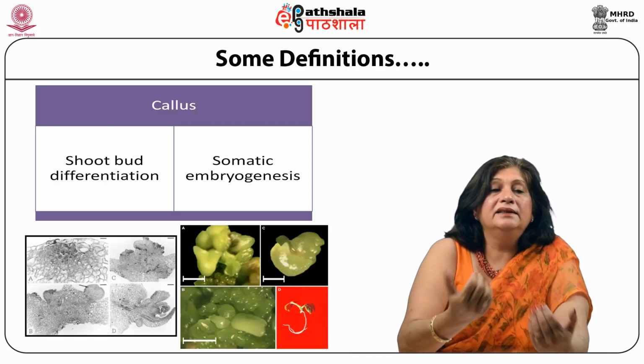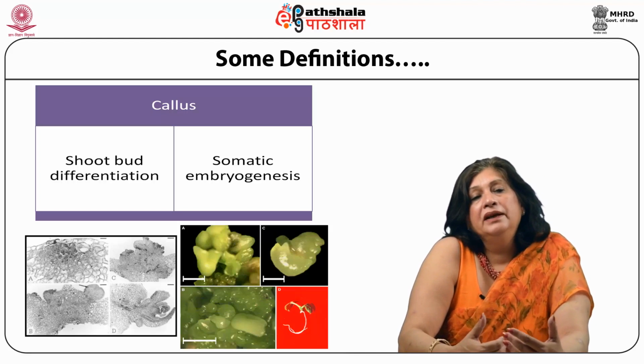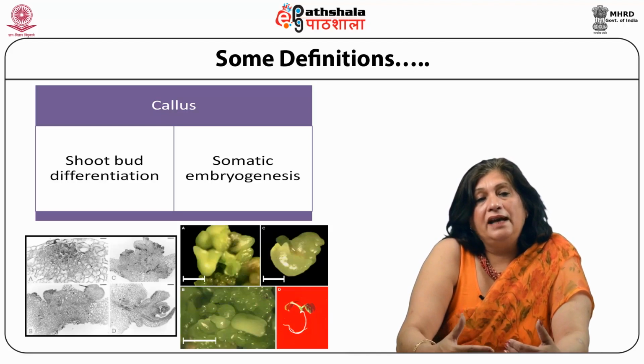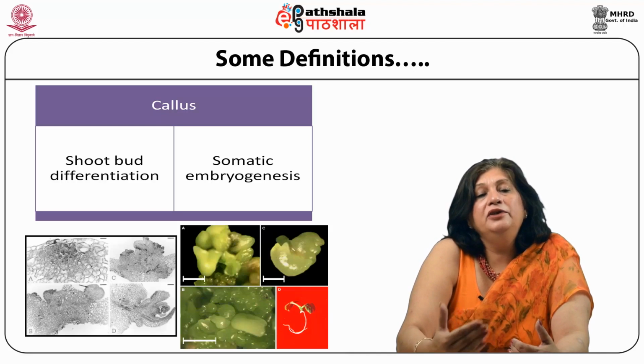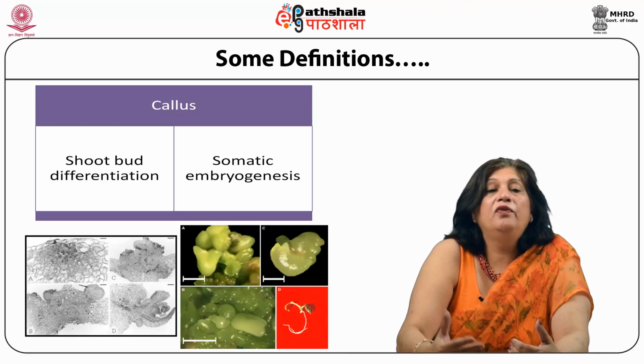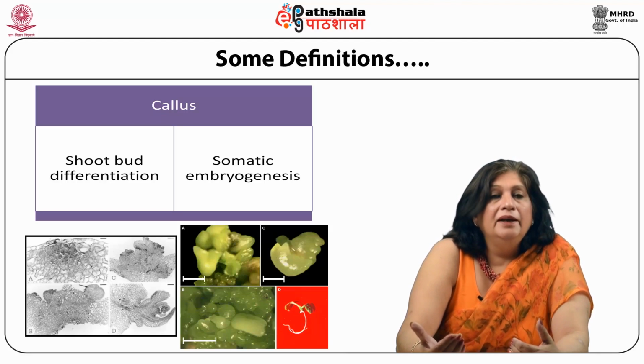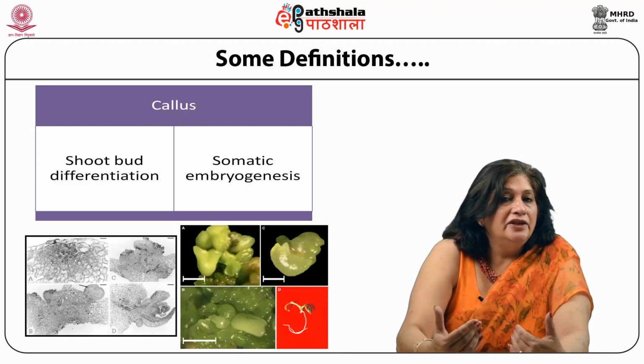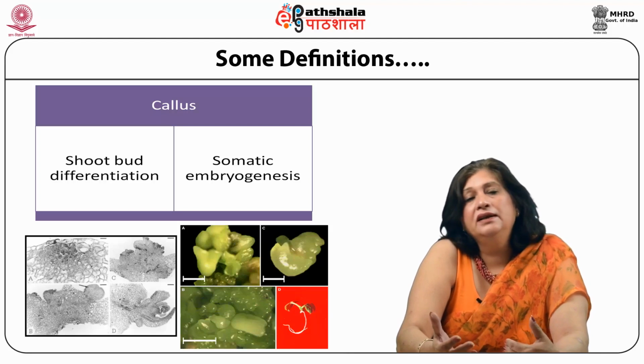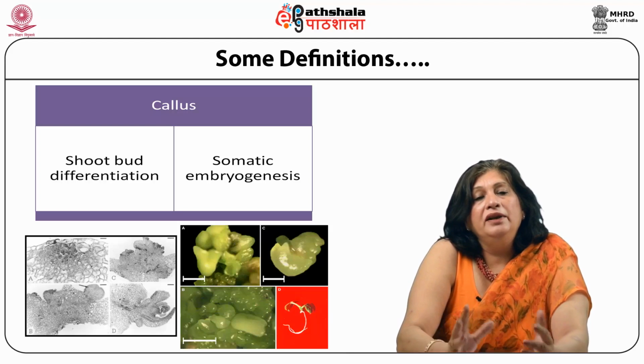But in plant cells, or when you're doing it artificially, you can program this callus further to develop either into shoot bud differentiation or form somatic embryos. Now, as you see, the conditions are different. You require one set of conditions for callus proliferation and another set of conditions where you induce either shoot buds or somatic embryos.